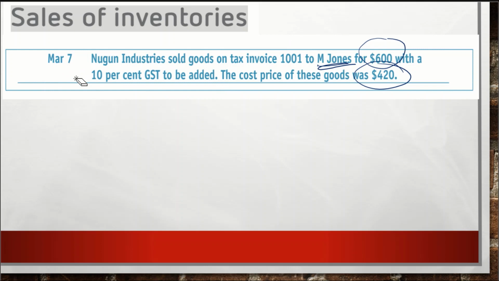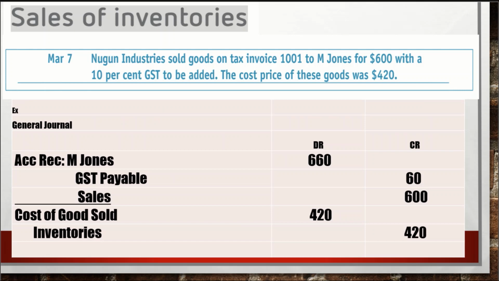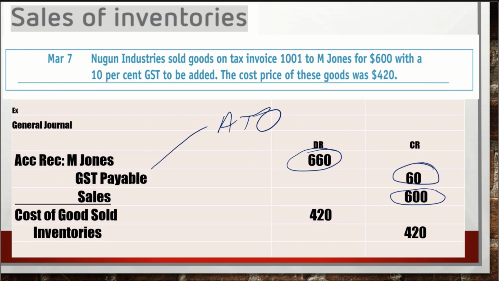Right, so let's look at how we do it, and I'll break this up into steps. Step number one, I will debit my asset, accounts receivable. Why is M. Jones an asset? Because M. Jones owes the business money. M. Jones owes us the sale price plus the 10% GST. And because this GST belongs to the Australian Tax Office, or the tax office in whatever country you are, the business only collects it, but it is payable to the tax office.